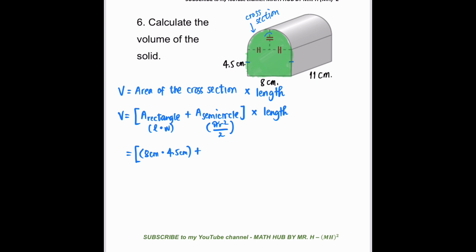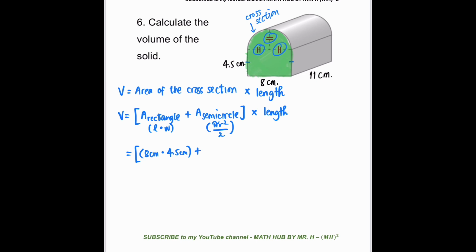You can see these markings right there, right? Those markings tell you that they are the same. If the whole thing right here is 8 centimeters, definitely this one is going to be 4 and 4, and that's going to be 4 too. So the radius is 4 centimeters.